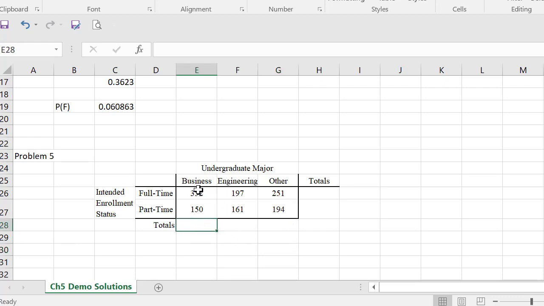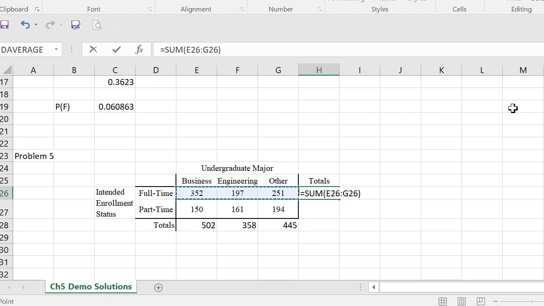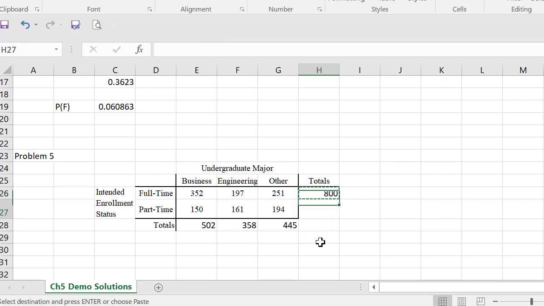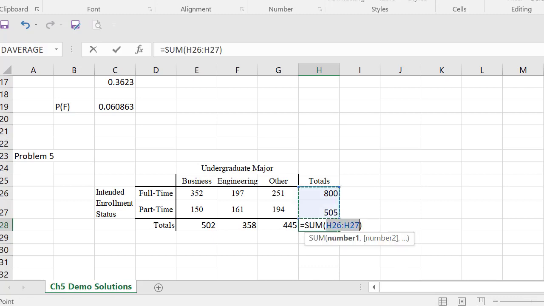And so what you'll need to do is get the total for each column, and then get the total or sum for each row. Copy that down. Just doing Control C, Control V, and then I can get a sum here, and that gives me everything.